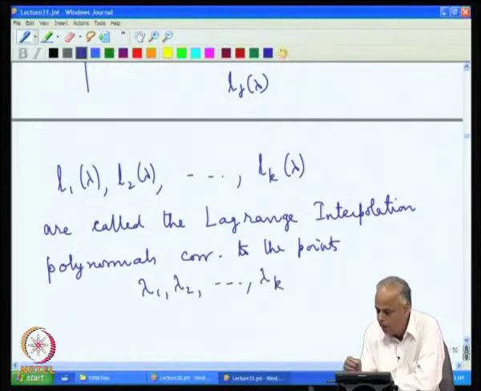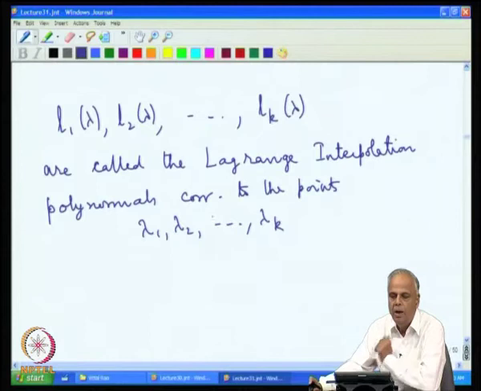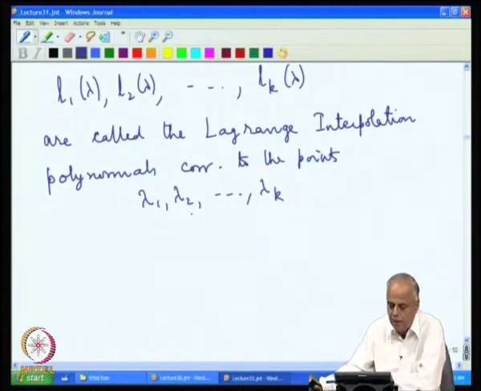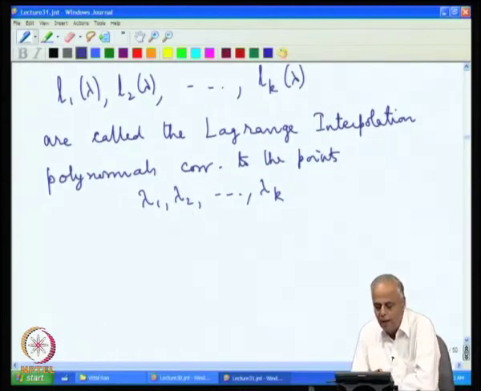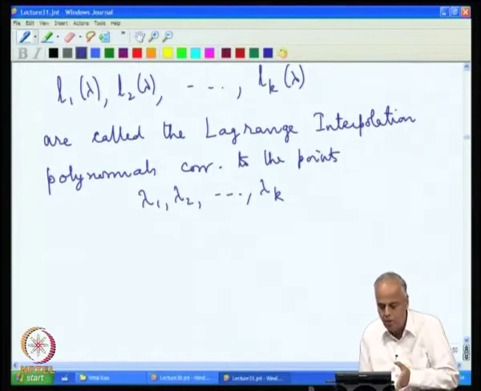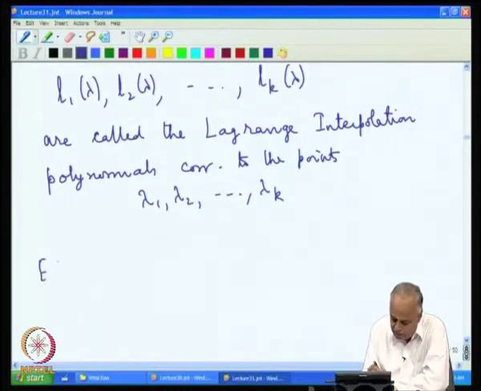These are distinct points. Corresponding to these distinct points lambda 1, lambda 2, lambda k, we have these k Lagrange interpolation polynomials. Let us look at some examples.